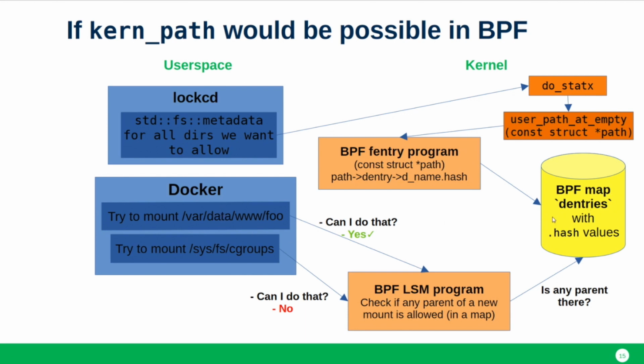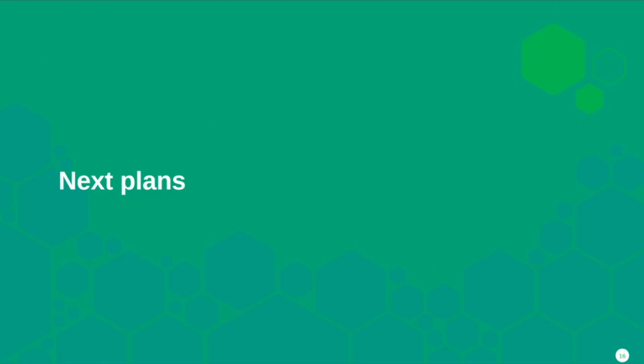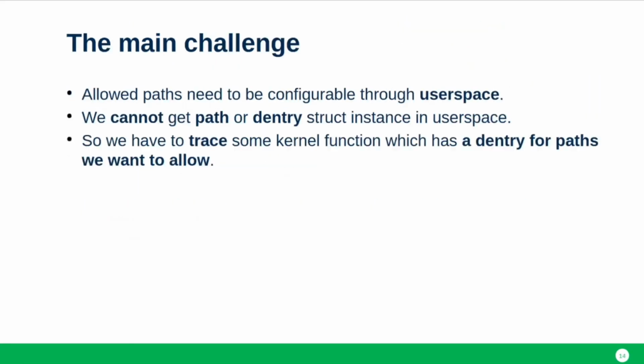And then we check the hash of this one, and it is there, and we allow it. So it's pretty much n times O(1) operations, not n times n, O(n) operations like we do in the current approach. Seems a bit silly to fight so much for performance, but in kernel space, in BPF programs, I would like to have as much performance as possible. But yeah, we do what we can, so it's not possible, unfortunately. So the implementation will be rather this one.